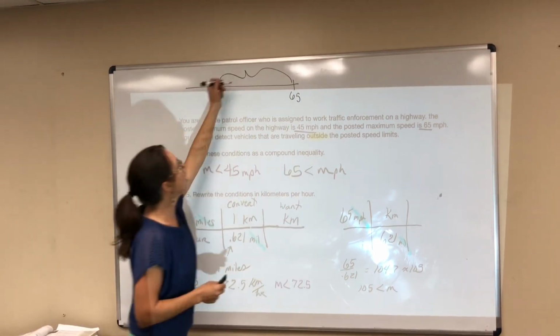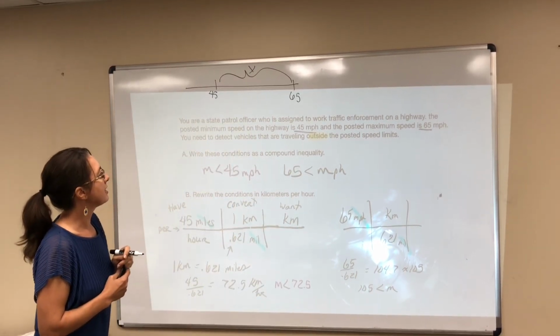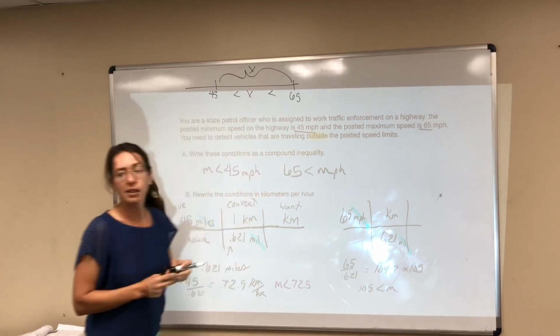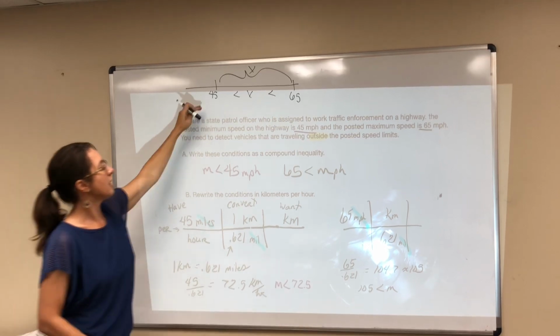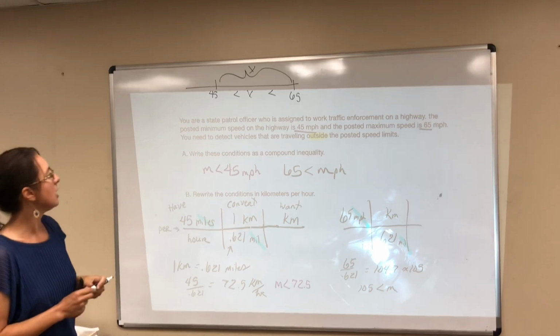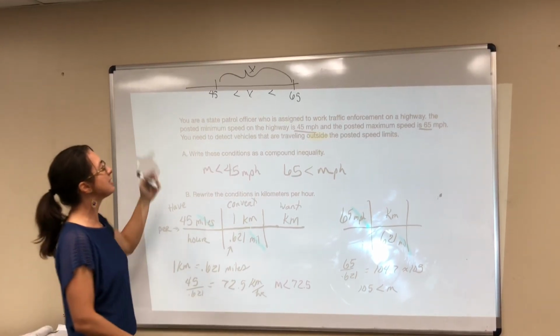Yeah. So if we call this x, right? X is going to be in the middle of those, correct? Yeah. Okay, so here's a way that we could write out that compound inequality, okay? You need to detect vehicles traveling outside. So what is x not allowed to be?